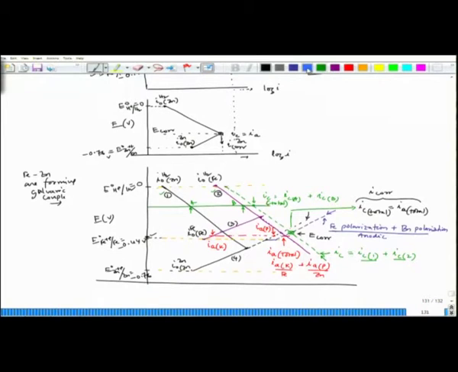Now, if I draw a line, this becomes my E core, and then this point is basically I C for hydrogen evolution on iron surface, and this point is equal to I C of hydrogen on zinc surface.